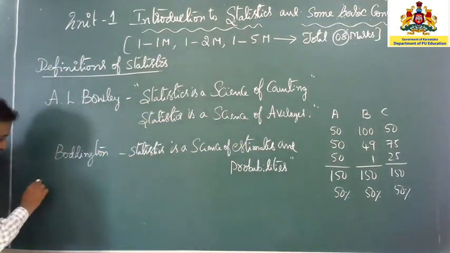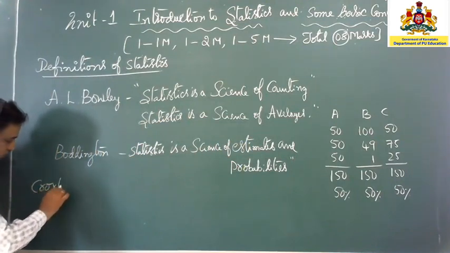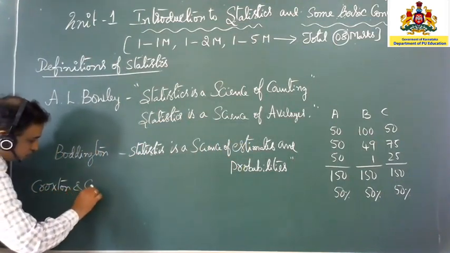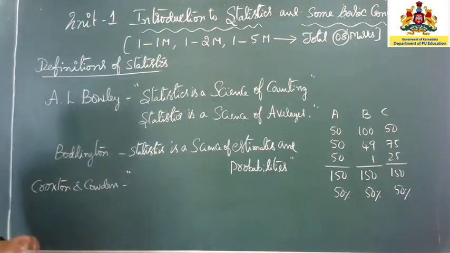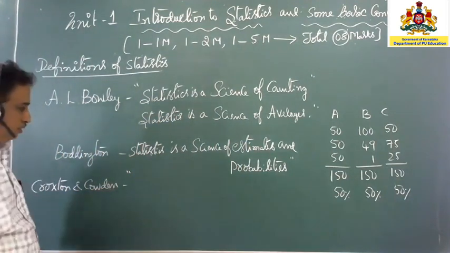According to Croxton and Cowden, they gave a good definition regarding statistics.